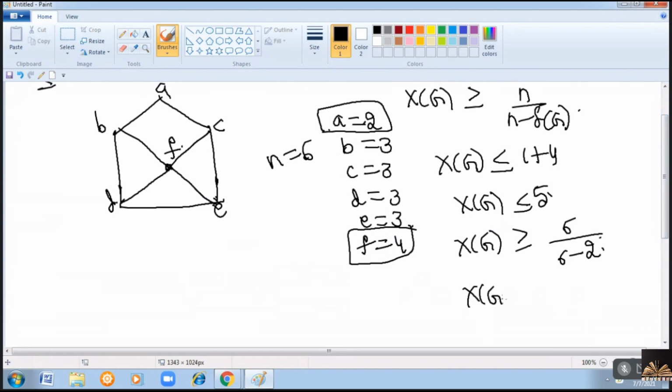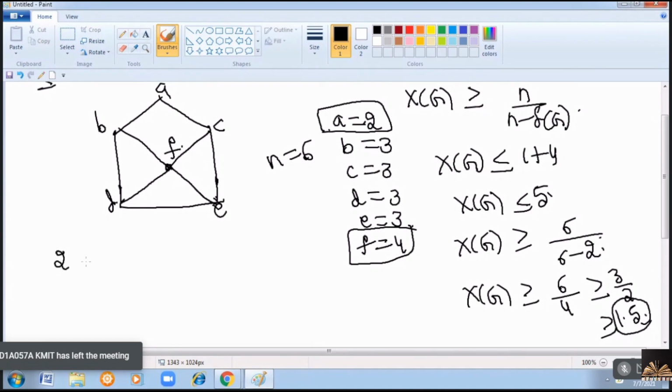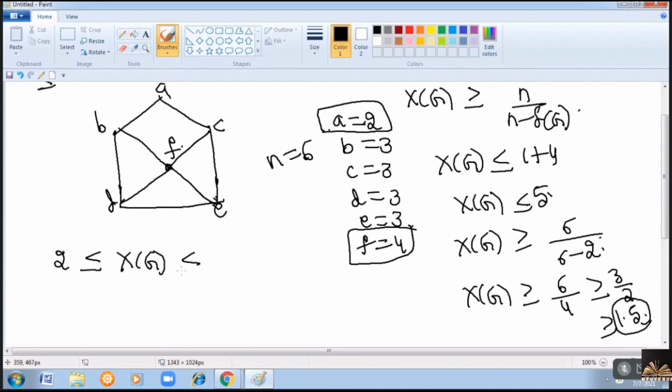Therefore, chi of G is greater than or equal to 6 by 4, that is 3 by 2, which is 1.5. Since you are counting colors, you can consider 2. Therefore, I can write 2 less than or equal to chi of G less than or equal to 5. So the minimum colors may be 2 and the maximum colors may be 5.